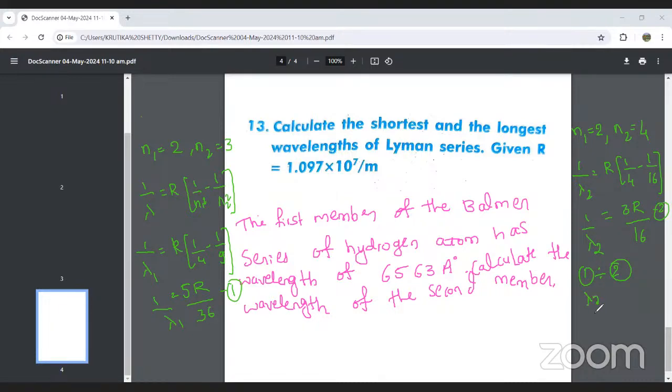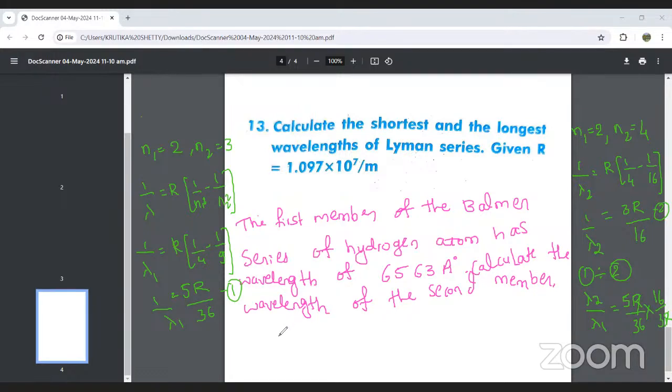Taking the reciprocal, lambda 2 comes in the numerator and lambda 1 in the denominator. So lambda 2 by lambda 1 is equal to, the values: 5R by 36 for lambda 1, and for lambda 2 it is 3R divided by 16, therefore 16 divided by 3R. So R will get cancelled. So 16 and 3, and the lambda 1 value is also given.